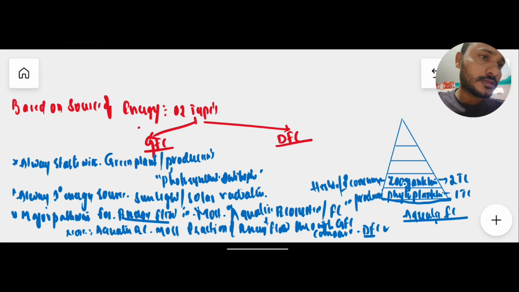At the third trophic level, the zooplankton is eaten by small fish, which come under secondary consumers, or carnivores.